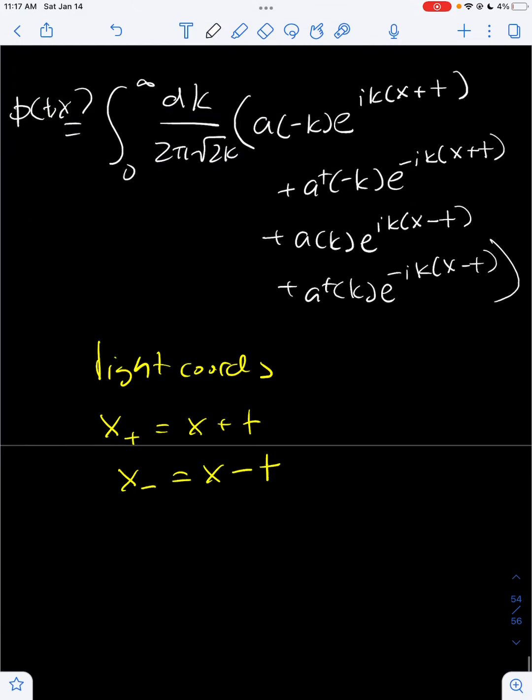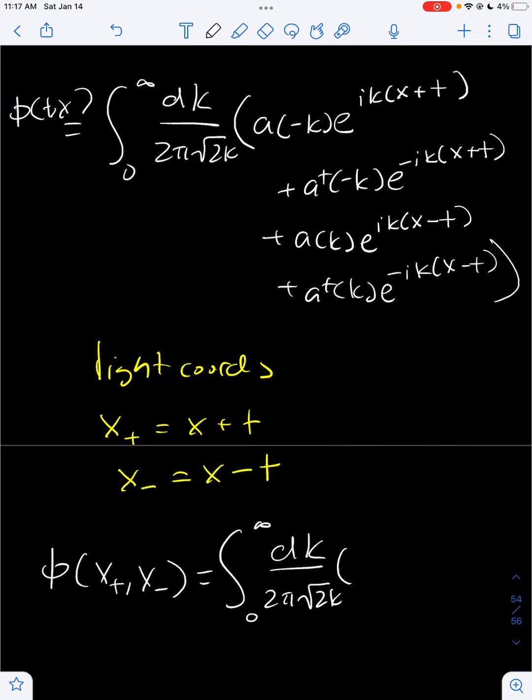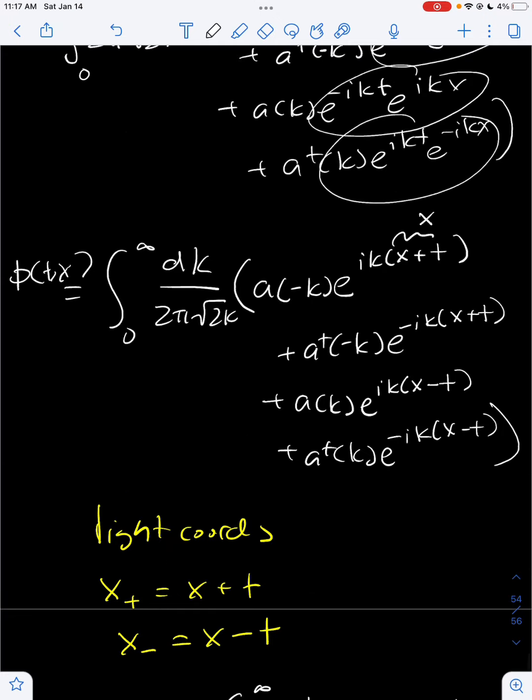Under light cone coordinates, we'd have v of x plus, x minus, then we'd have a of minus k e to the i k x plus, here x plus, here x minus, and here also x minus.